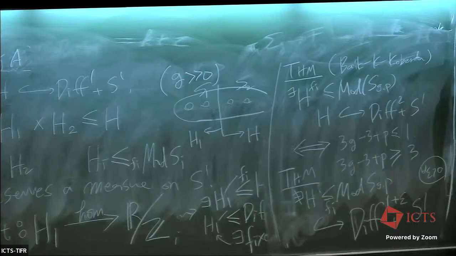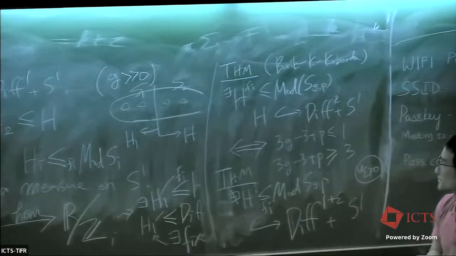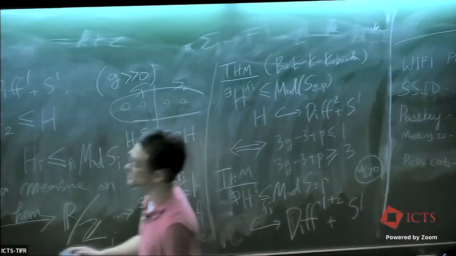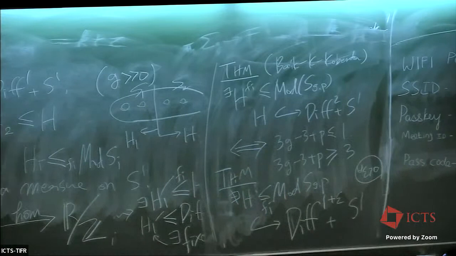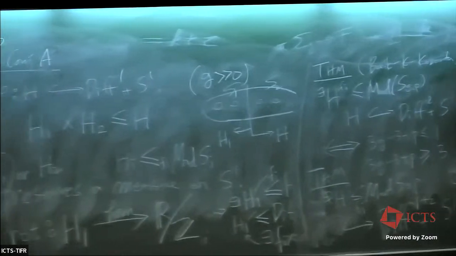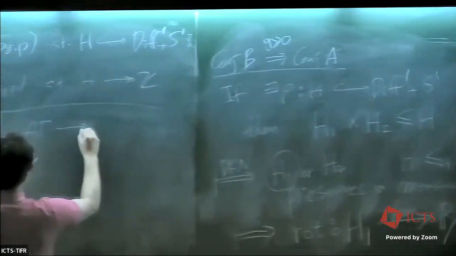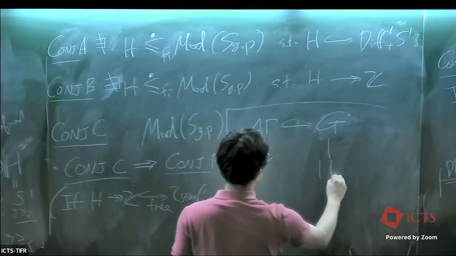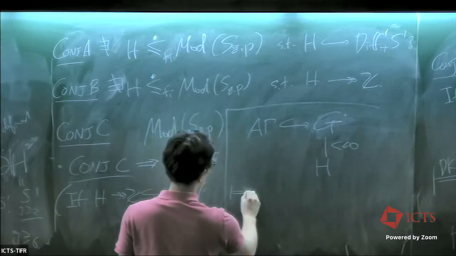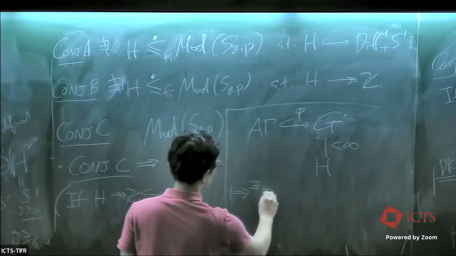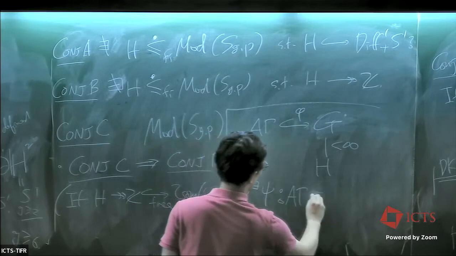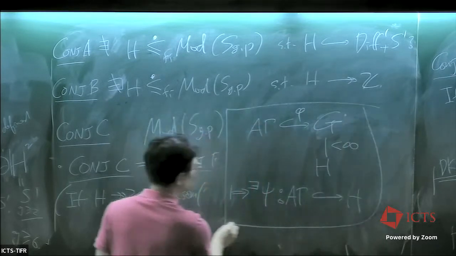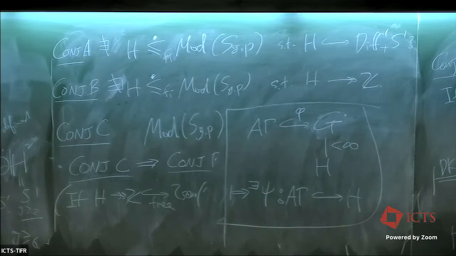And I'll just say one word about the proof. The proof uses right-angled Artin groups, because right-angled Artin groups have a very easy but useful property regarding finite index subgroups. If A(Gamma) embeds into some group, any group even, and H is any finite index subgroup, then there exists another embedding of A(Gamma) into H by taking certain powers of the generators.